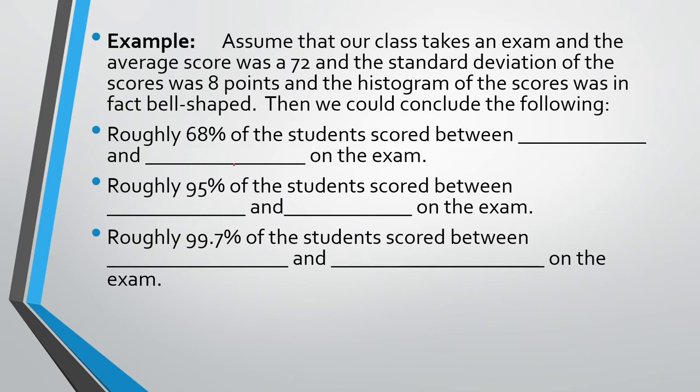Roughly 68% of students scored between what and what on the exam. So we'll start by taking the average, which is 72, and we'll add and subtract the standard deviation, which was 8 points.